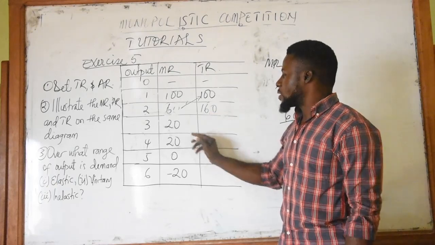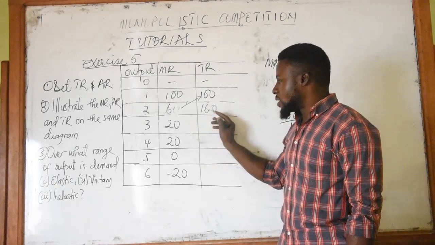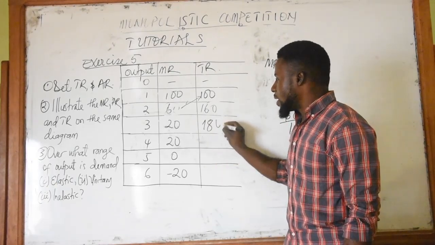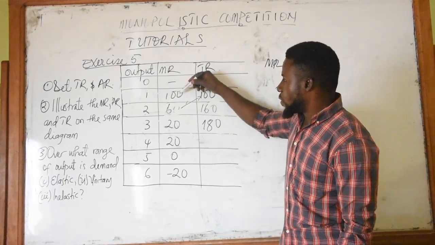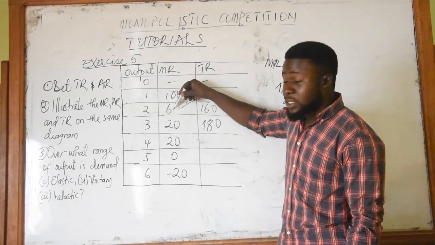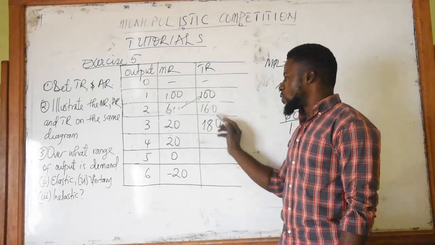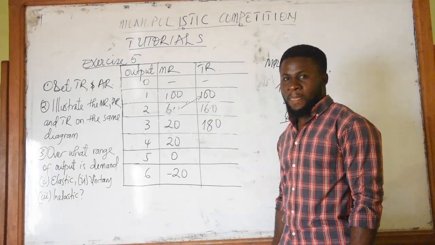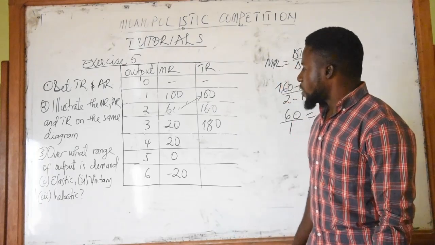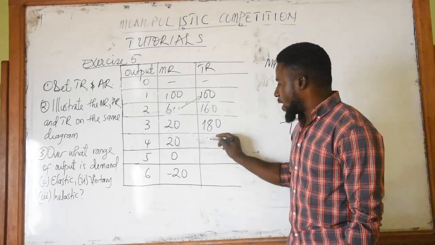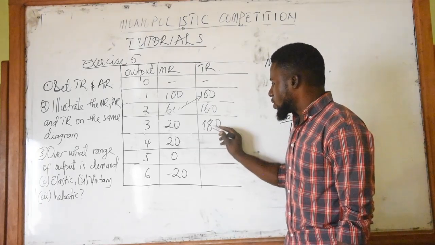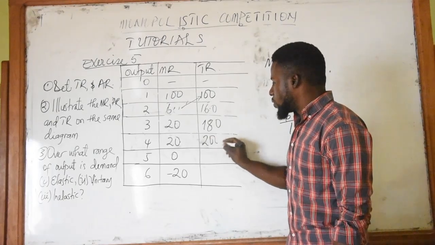To go to the next, you take 20 plus 160, which gives you 180. Or you take 100 plus 60, which is 160, plus 20, 180. And to get the next one, 20 plus 180 gives you 200.